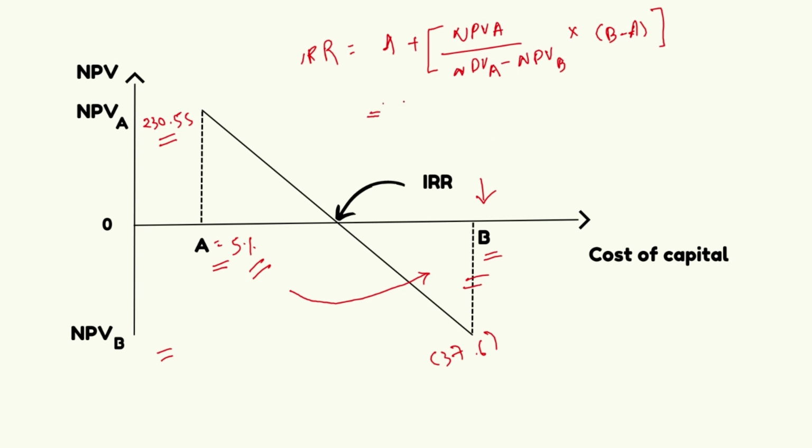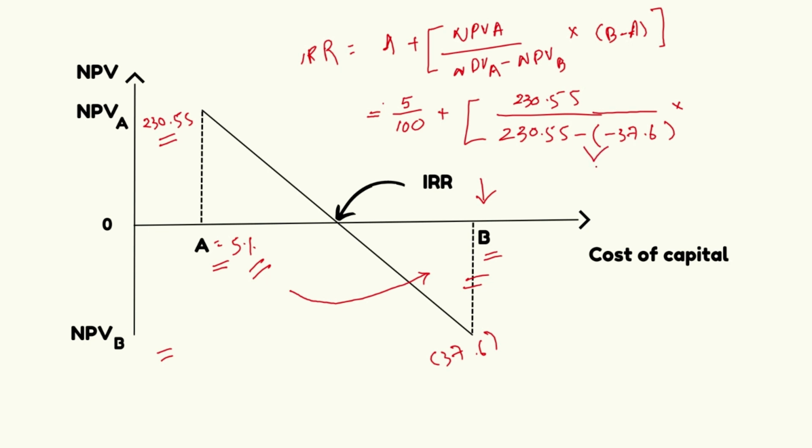We need to convert the percentage values into decimal values because we cannot use percentage values as they are. So 5 divided by 100 plus... Very important thing to note here, because there is a minus value here, and the next value is also a minus value because it is a negative NPV value, which is 37.6. So you know what will happen if two negative values multiply.